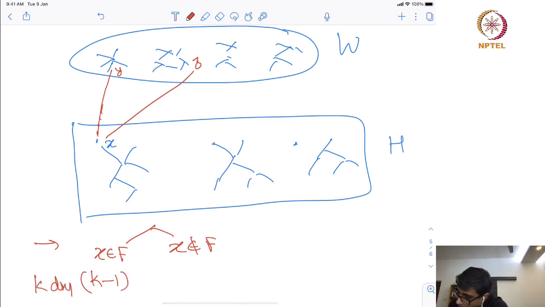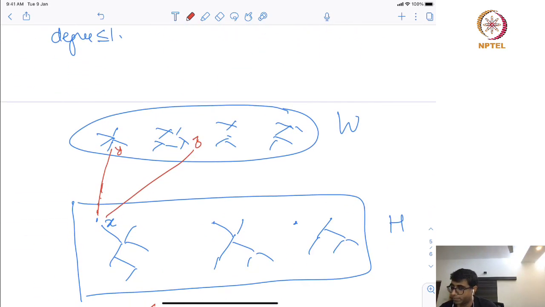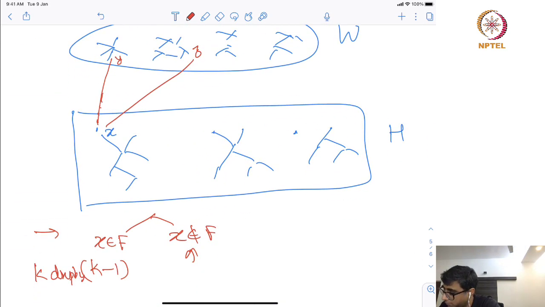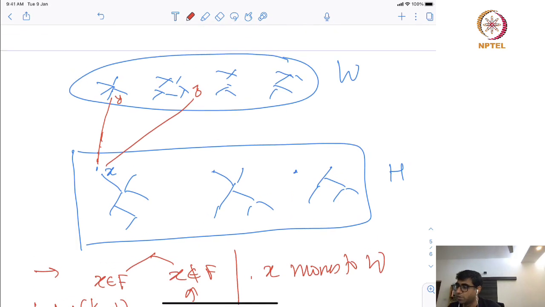In the other case, all I know is that X moves to W, and nothing much can I say, except that you have increased the number of vertices which are forbidden.